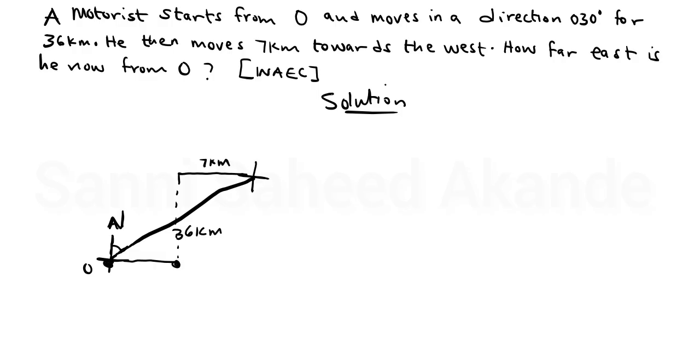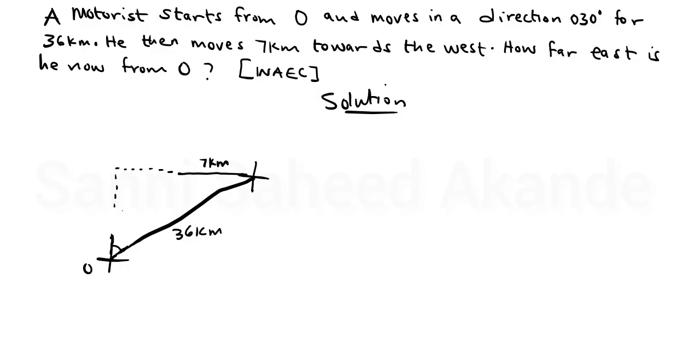But in order to make things easy for us, permit me to sketch this again from here. So I want to complete this triangle. Let me complete it with a dotted line this way. Let me erase this letter that I wrote here so that I will have a clean diagram.